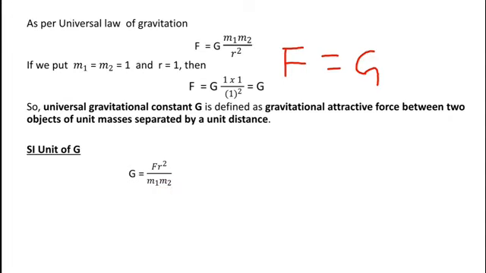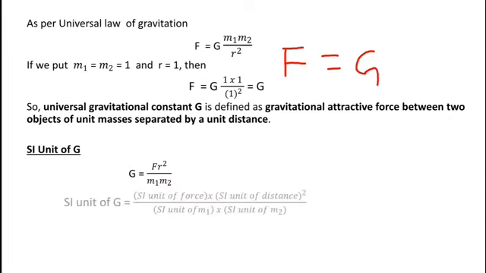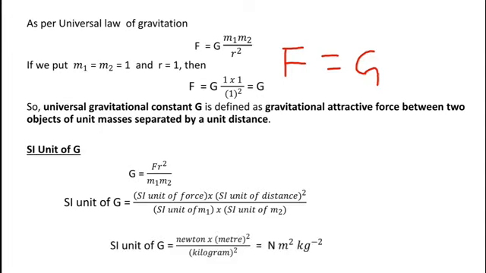Hence, the SI unit of G equals the SI unit of force into the square of the SI unit of distance divided by the SI unit of m1 into the SI unit of m2. Now you know the SI unit of force is Newton, of distance is meter, and of mass is kilogram. Hence, the SI unit of G equals Newton meter square divided by kilogram square. Thus, we have the SI unit of capital G as Newton meter square per kilogram square.